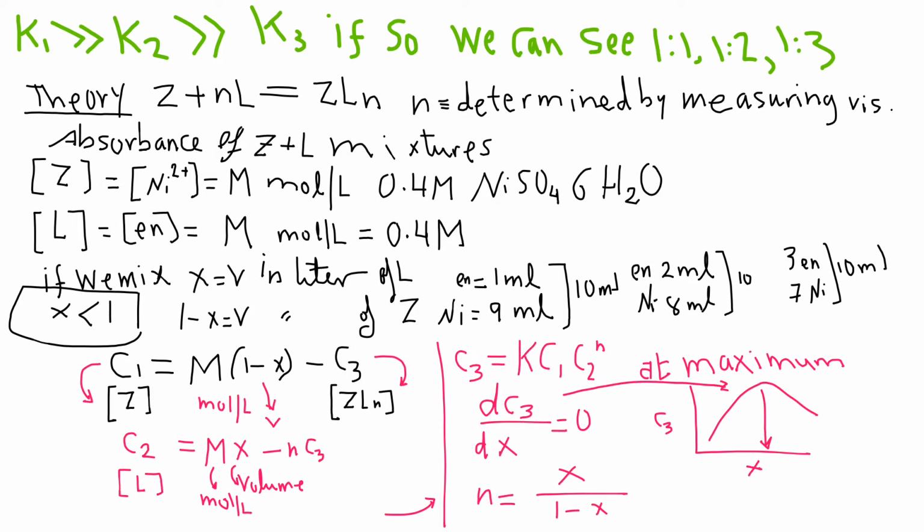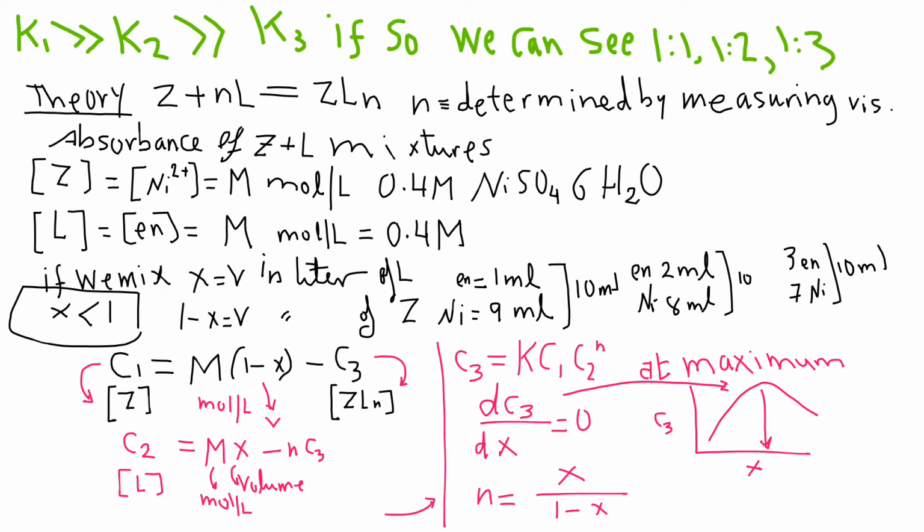So in order to derive the equation which we are going to rely on, we have C1 equals M, the molarity, times 1 minus X, which is the volume, minus C3, which is the complex concentration. C2, the ligand concentration, equals M times X, M the molarity, X the volume of the ligand, minus N times C3. N is the number of ligands taken, for C3 times C3.